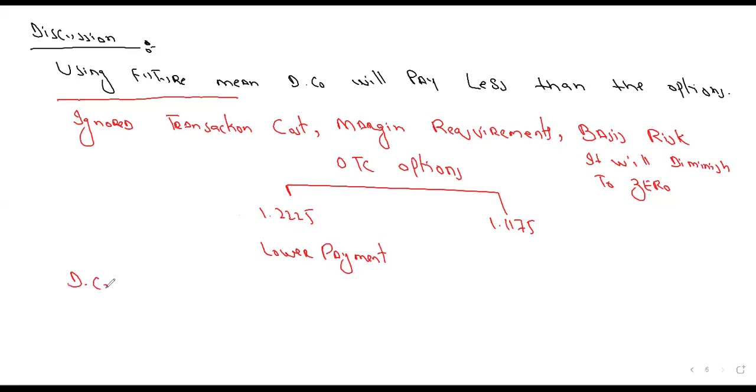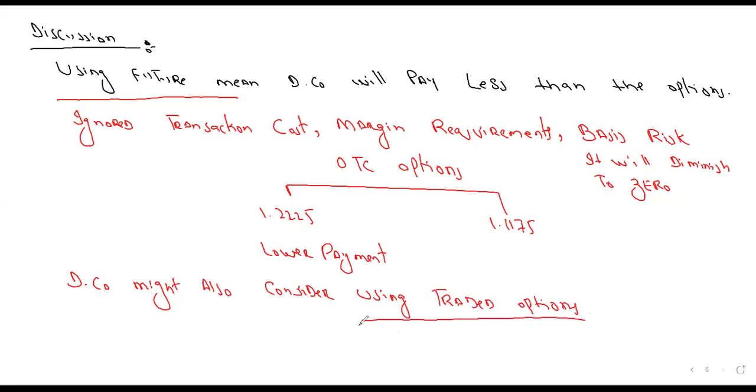The D company might also consider using traded options. Because you will tell the examiner if the D company is using the traded options, it will be giving this company price transparency, less risk of default because the exchange is involved.